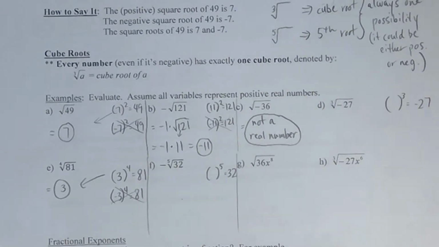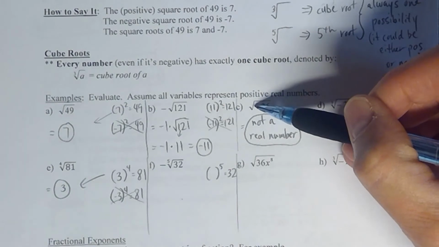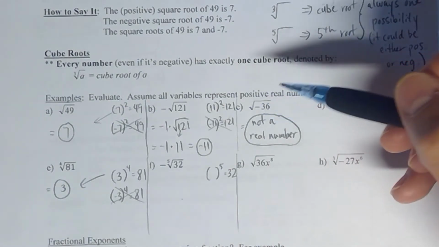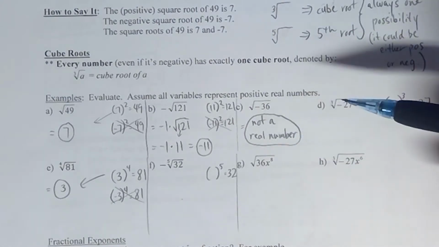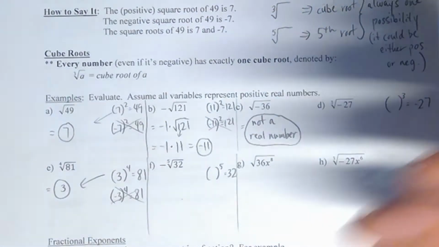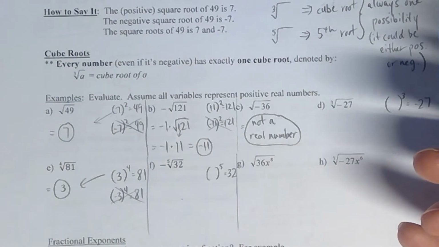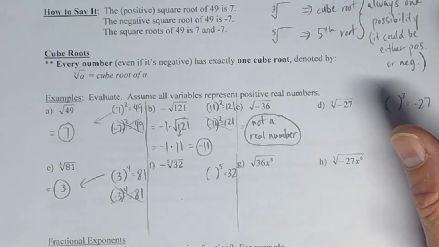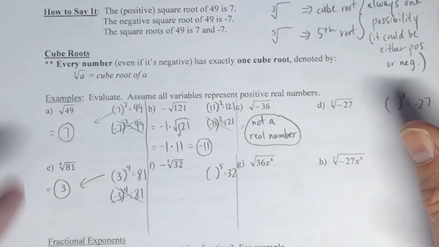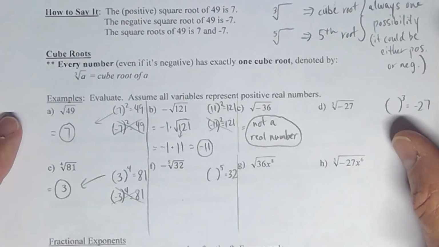But for now, when you get an even-rooted radical, whether it's a square root, fourth root, or whatever, if it's negative underneath, there's just no answer. We say not a real number because there is an imaginary answer that we'll learn about later. You could say for the moment anyway, just no answer is fine, but officially it's not a real number because there is an actual imaginary answer that we'll learn about later.